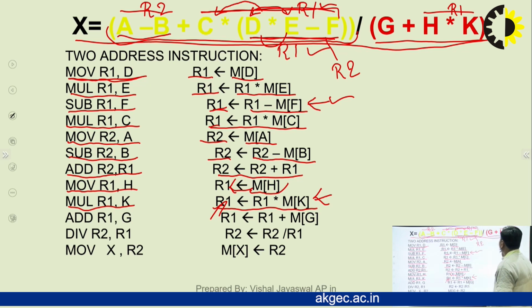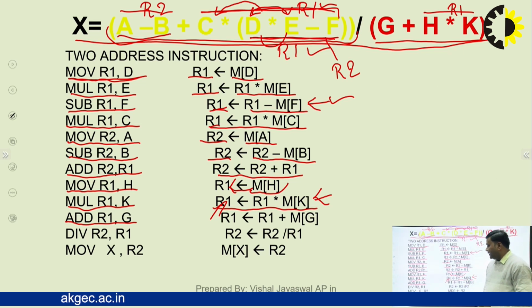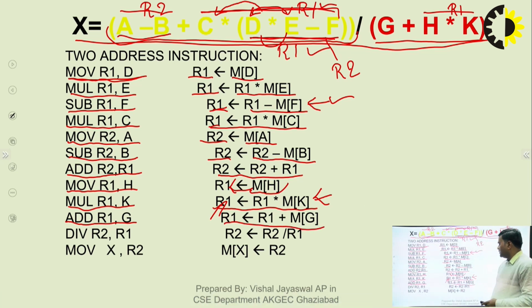After that, we have to add G into the R1. So for this, we are using add instruction, that is add R1 comma G, which means R1 tends to R1 plus M of G. Here H into K is stored in R1 and it is added to M of G, so G plus H into K is performed and stored in R1.